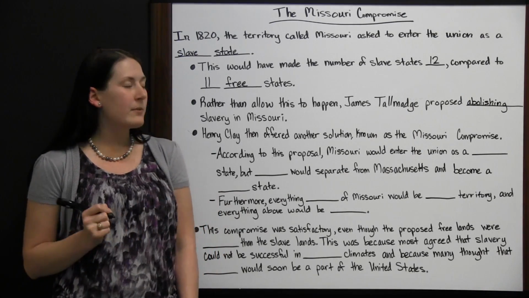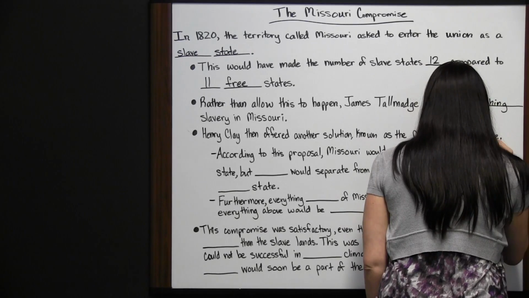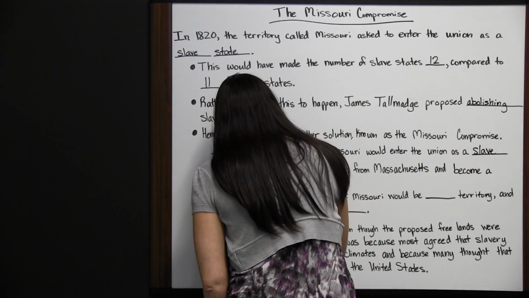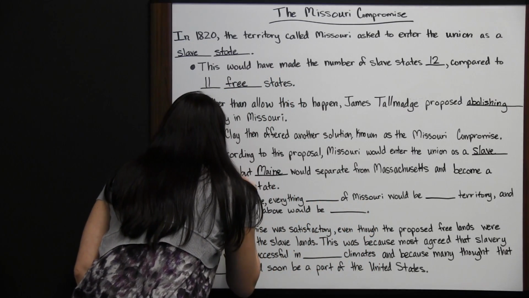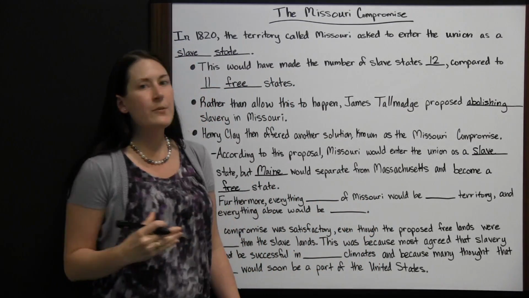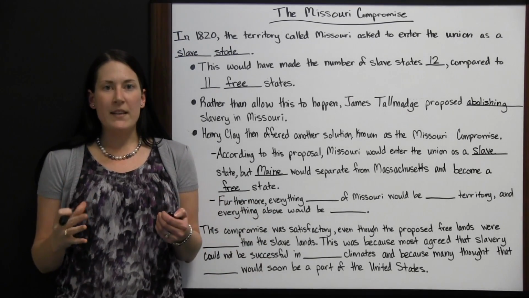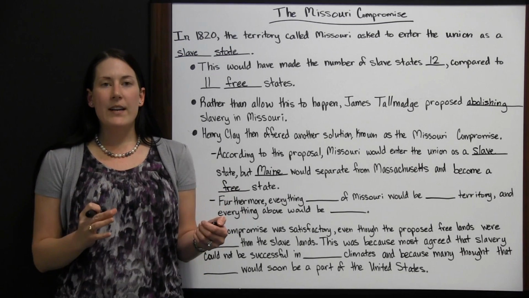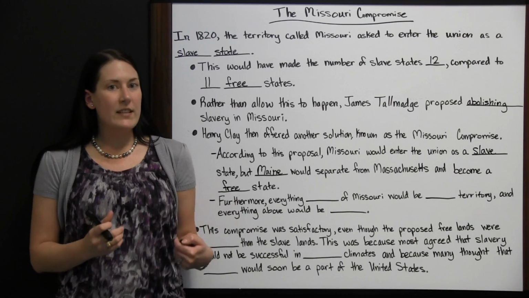According to this proposal, Missouri would enter the Union as a slave state, but Maine would separate from Massachusetts and become a free state. So Massachusetts was already a free state. Maine at this time was part of Massachusetts. So in Henry Clay's compromise, Maine separated and became its own state, and it would enter as a free state.